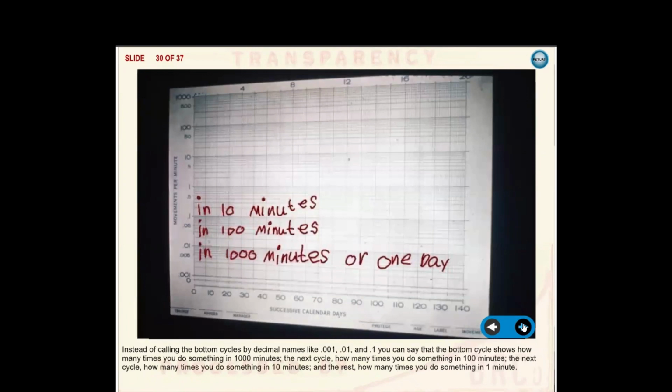Instead of calling the bottom cycles by decimal names like 0.001, 0.01, and 0.1, you can say that the bottom cycle shows how many times you do something in 1,000 minutes. The next cycle, how many times you do something in 100 minutes. The next cycle, how many times you do something in 10 minutes. And the rest, how many times you do something in 1 minute.